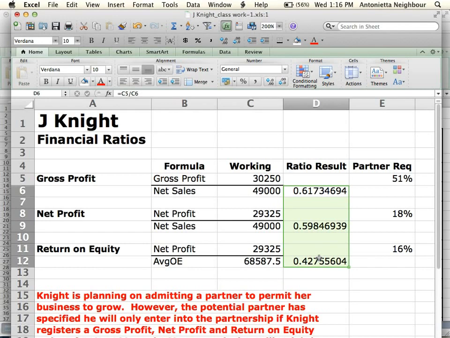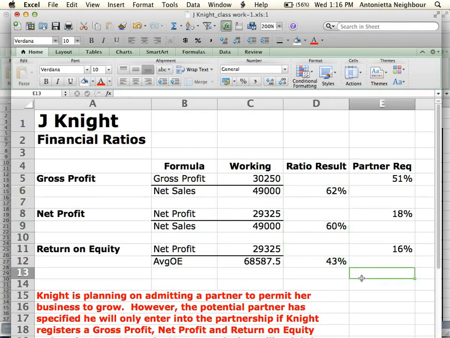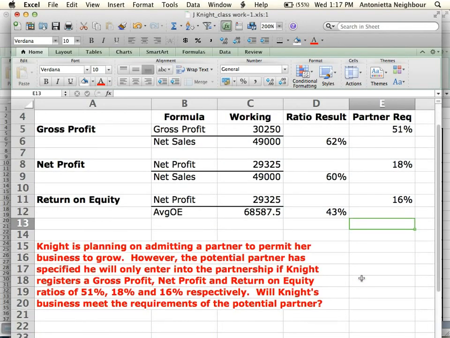I want to convert them to a percentage. So highlight them, click on percent, and they're the percentage results for the profitability ratios for this business. How you going, John? Okay. Any questions about calculating those?